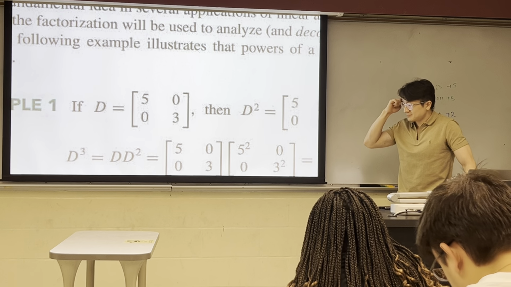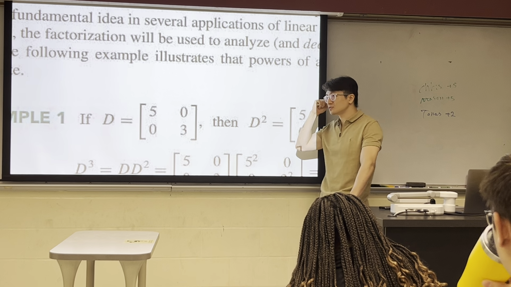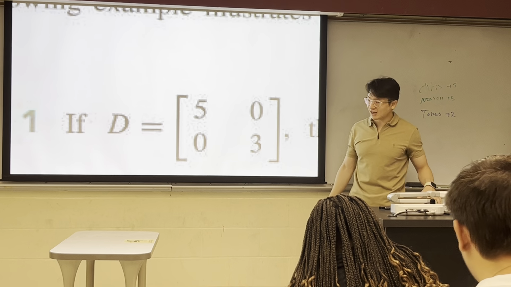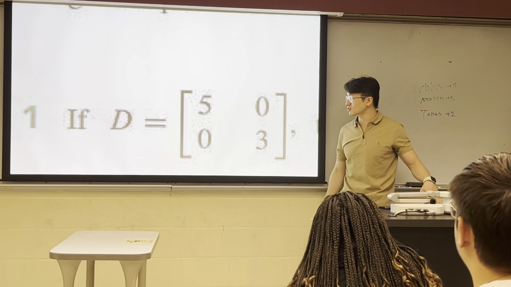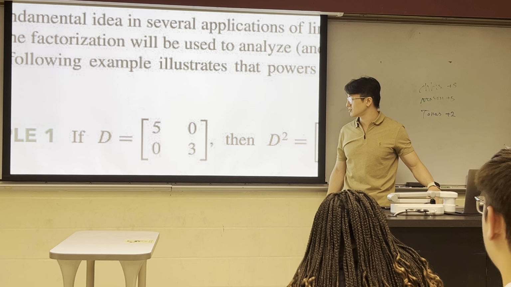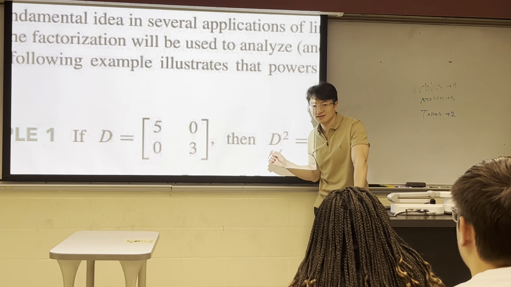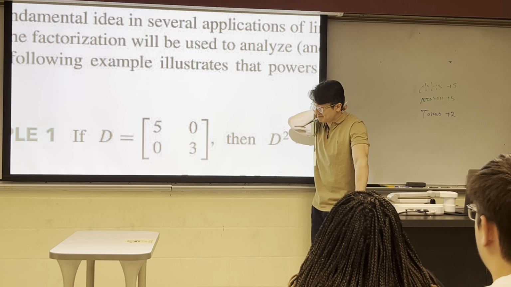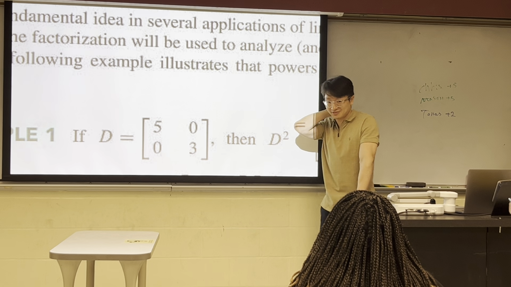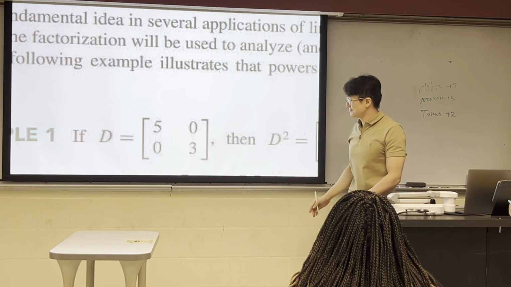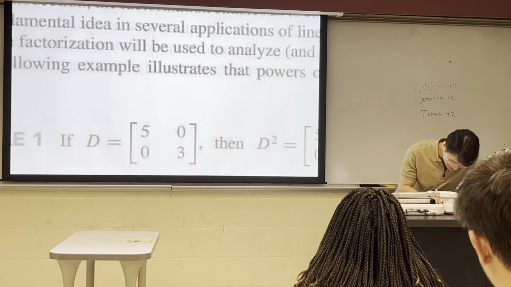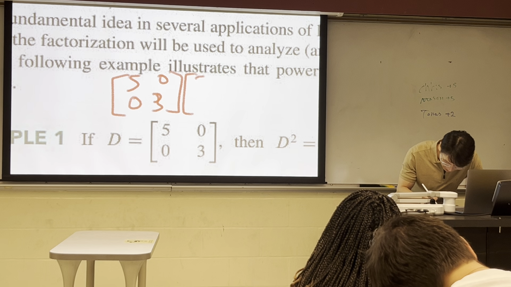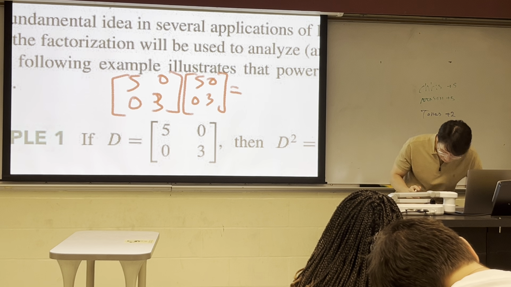Yeah. So I'm trying to teach you why it is useful to use similar matrices. Just follow it. Let's say I have a D matrix like this, with 5, 0, 0, 3, and I want to multiply it by itself.